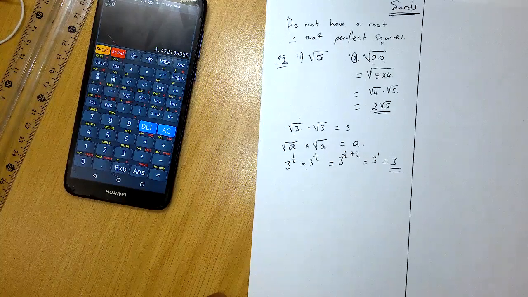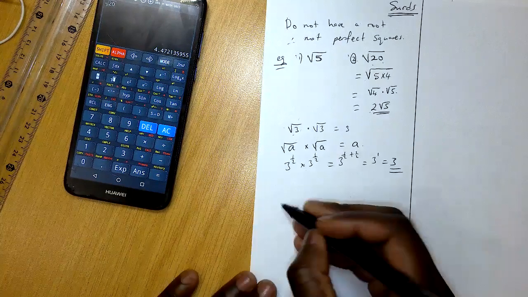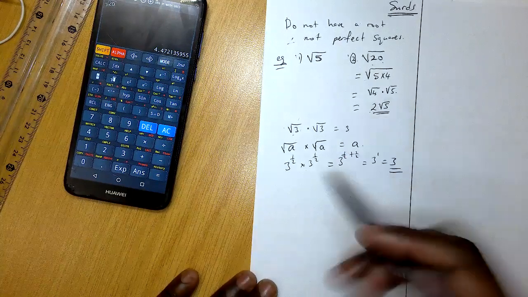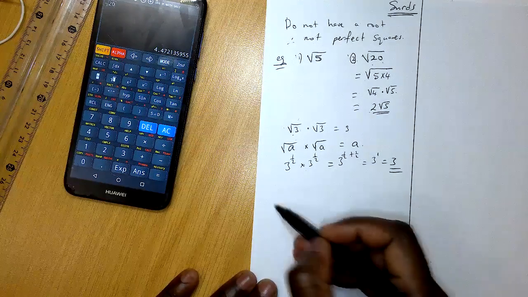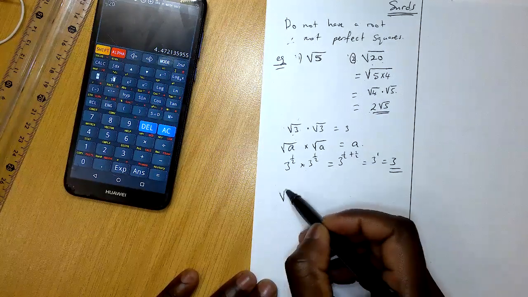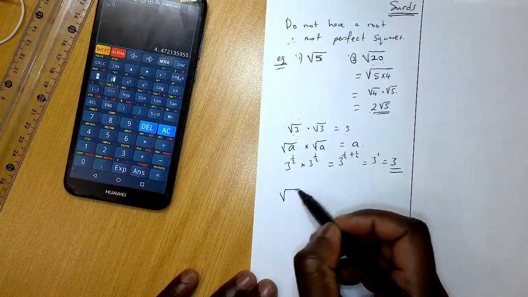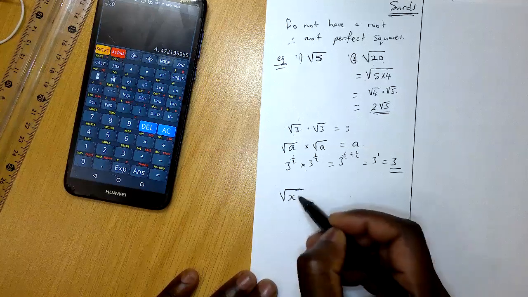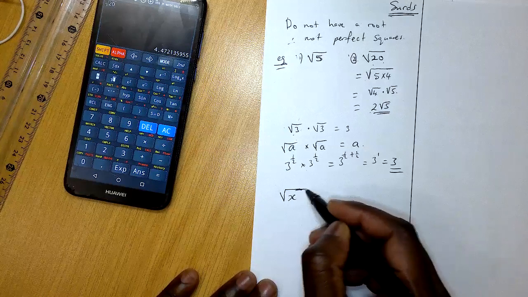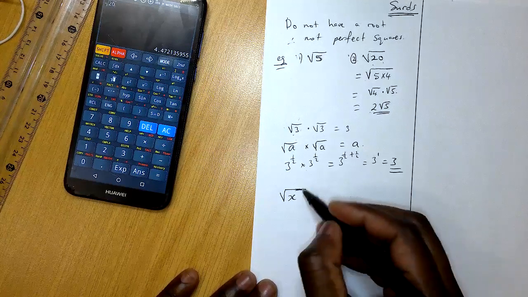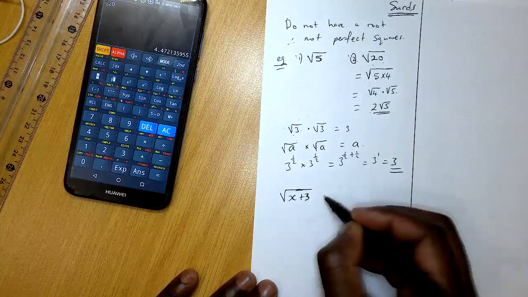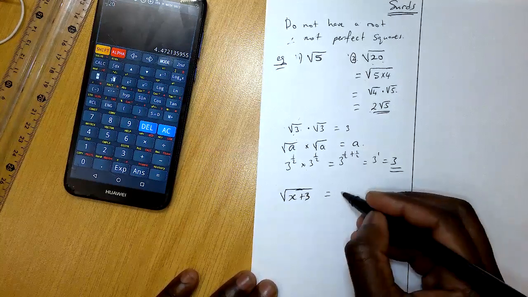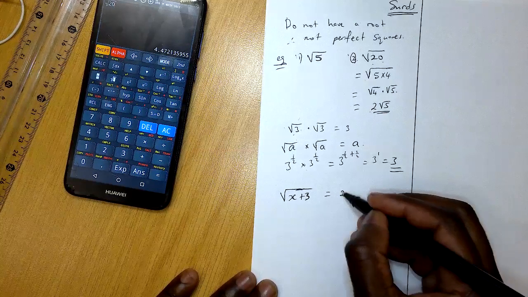The other thing as well is when you're given an expression, let's say root of x plus 3 is equal to 2.